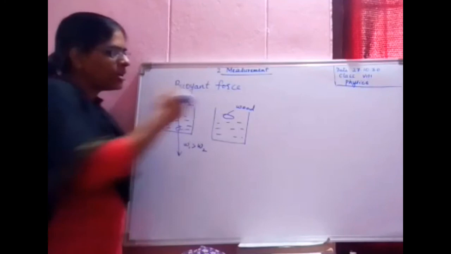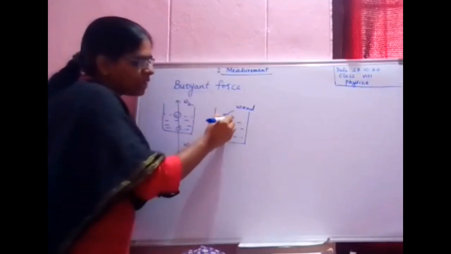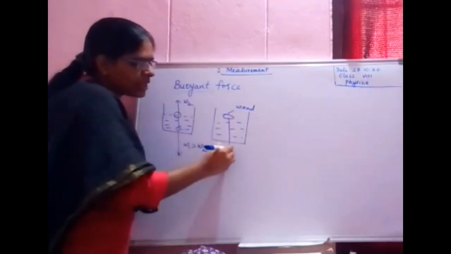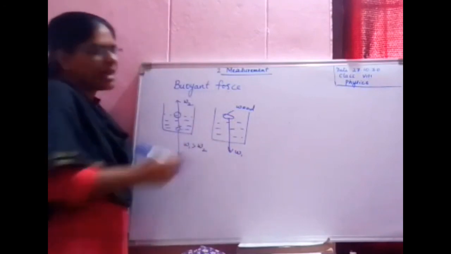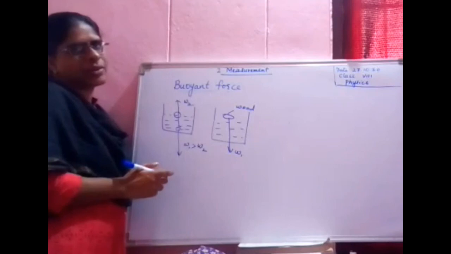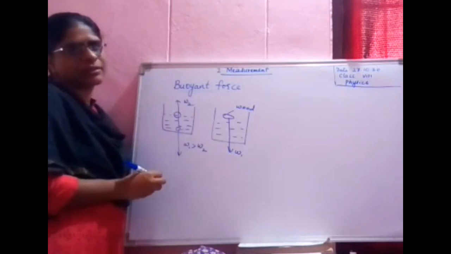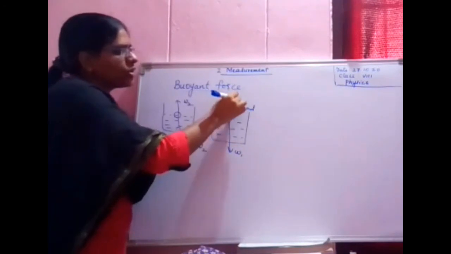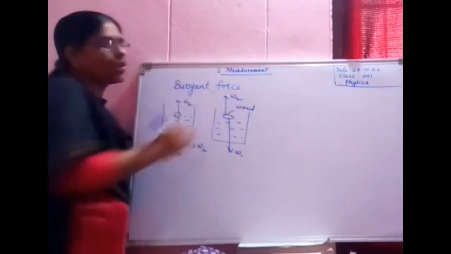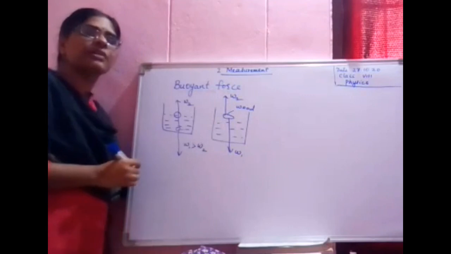Now, on the same wooden block, there is again a gravitational force W1. As it is immersed in a liquid, which force is that? Upward force, buoyant force. Now, why is your wooden block floating?